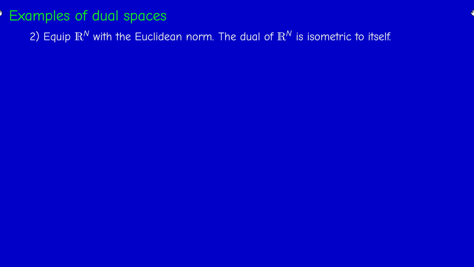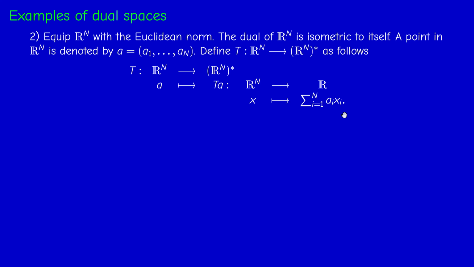Okay, exactly the same methodology. But now instead of taking an element A in R, I take an n-tuple, an element in R^n, and do the same construction. So we consider the operator T sending R^n into its dual, and to each element A in R^n, we associate a linear bounded map from R^n into R. So T_A is a linear map, which is just the dot product between A and X. Exactly the same thing as we did in one dimension.